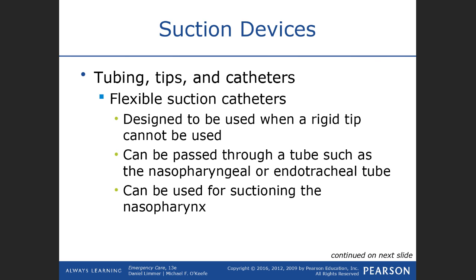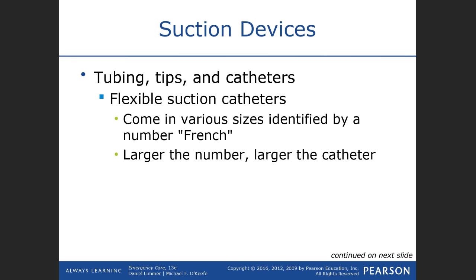Flexible suction catheters are designed to be used when a rigid tip cannot be used. They can be passed through a tube such as the nasopharyngeal or endotracheal tube, and can be used for suction in the nasopharynx. They come in various sizes identified by a number, French. The larger the number, the larger the catheter, right?